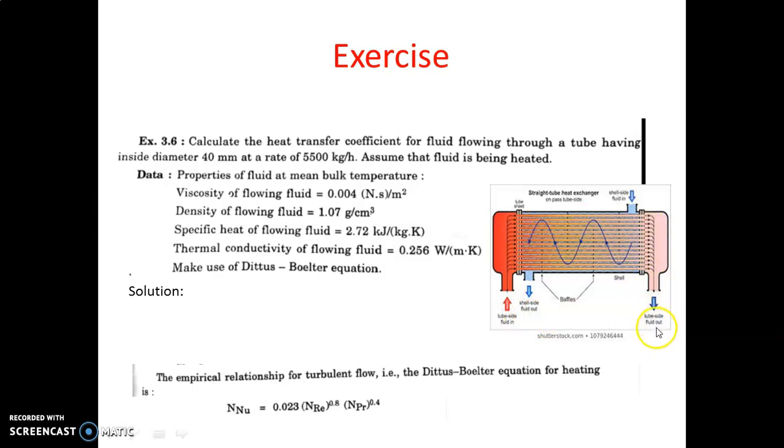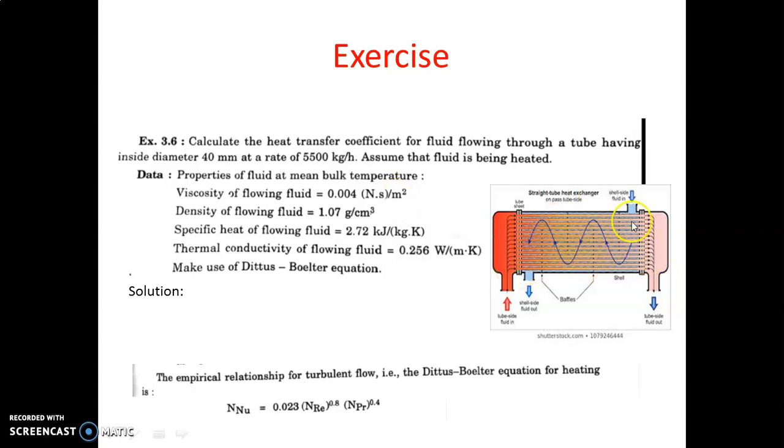It is called tube side fluid outlet. In this way the heat transfer is taking place, and the baffles are used to create turbulence in the heat exchanger. We will discuss how the construction of the heat exchanger is done in the 5th unit.